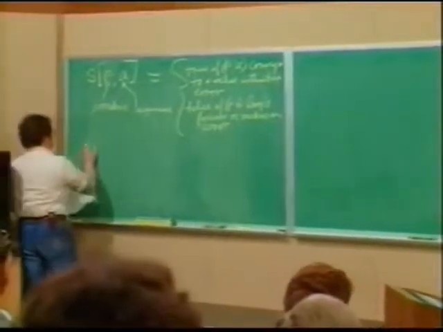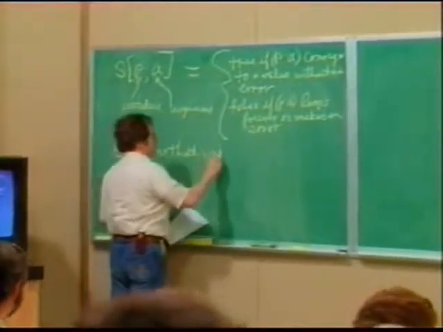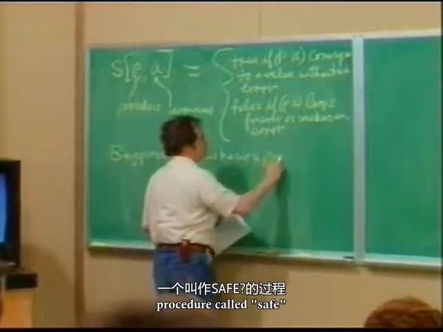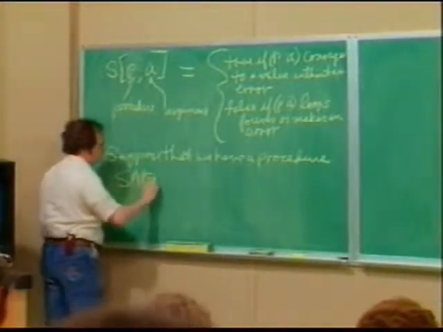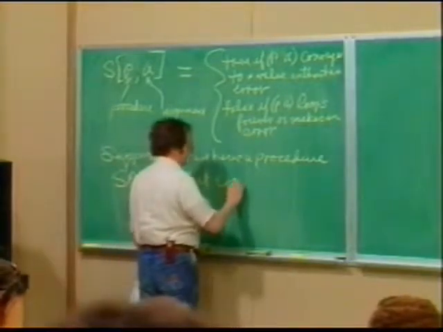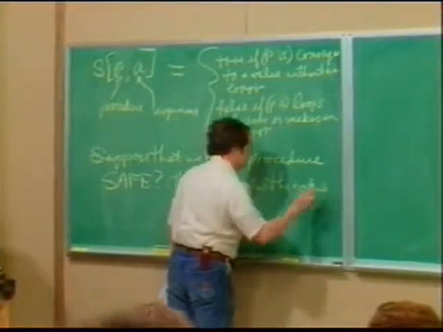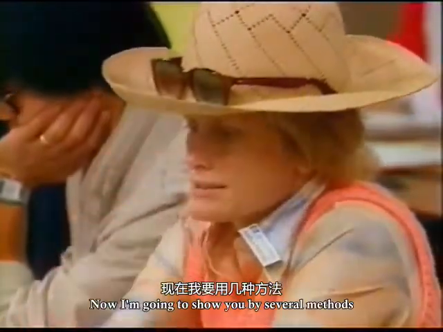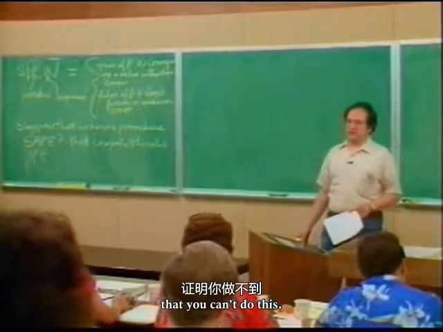Suppose that we have a procedure called safe that computes the value of S. Then I'm going to show you by several methods that you can't do this.